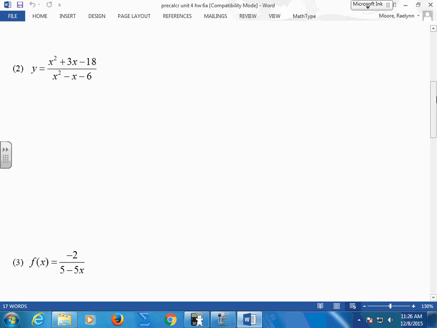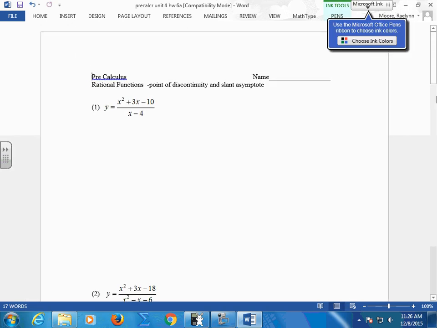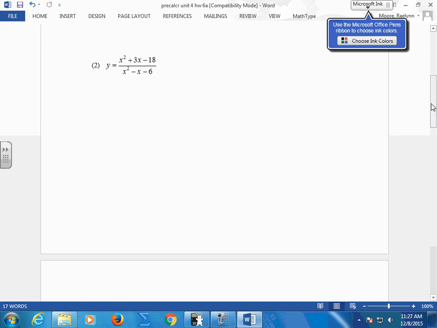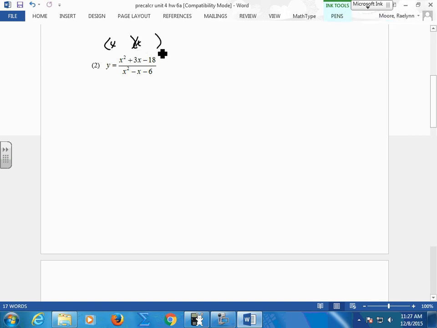So, let's factor. What are the factors of my numerator? How do I factor this into what? X plus 6, x minus 3. Agree? What are the factors of my denominator?